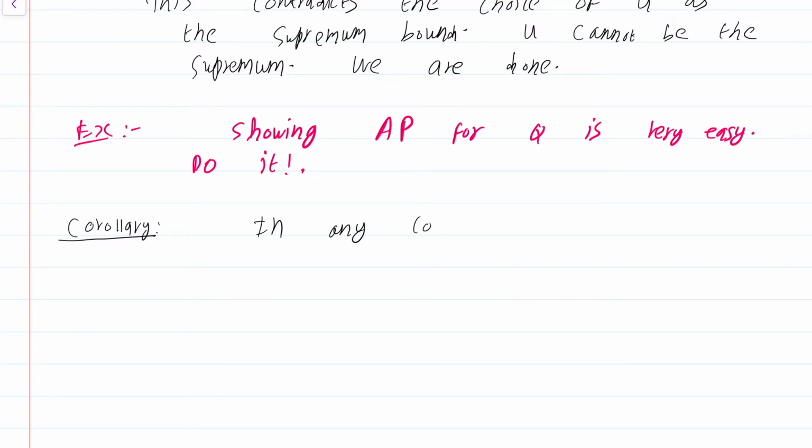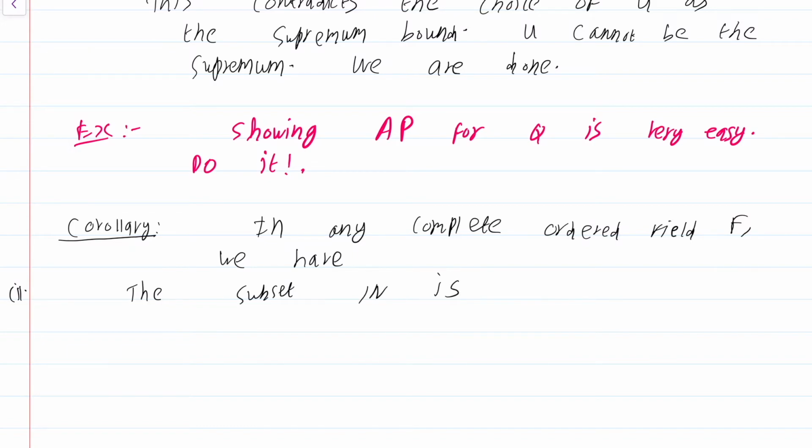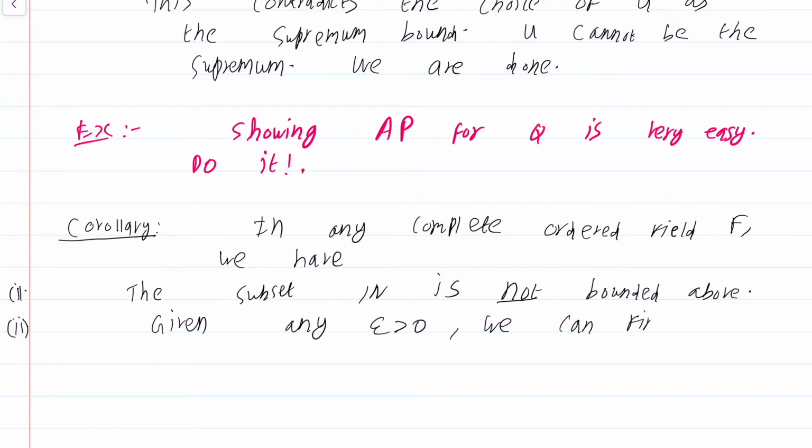In any complete ordered field F, we have: number 1, the subset N is not bounded above; number 2, given any epsilon greater than 0, we can find n naught in N such that 1 by n is less than epsilon whenever n is greater than n naught.